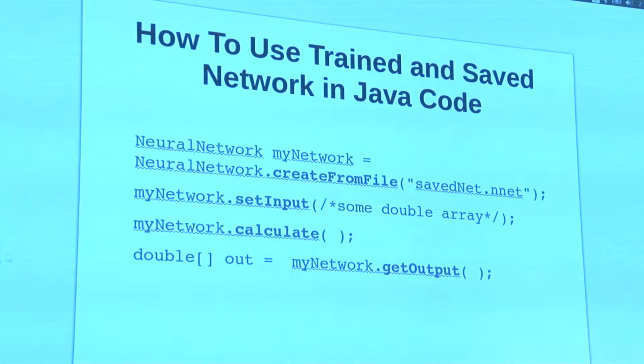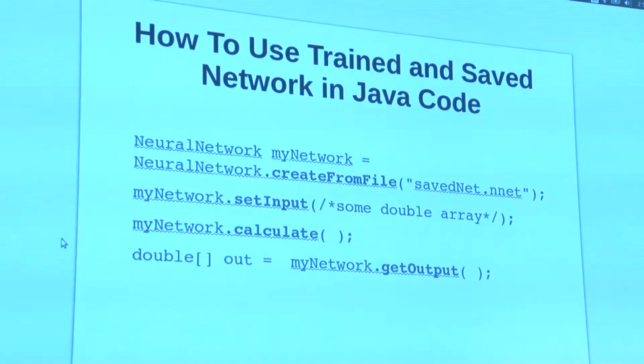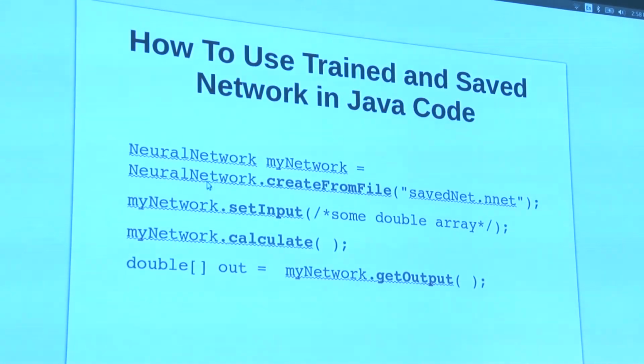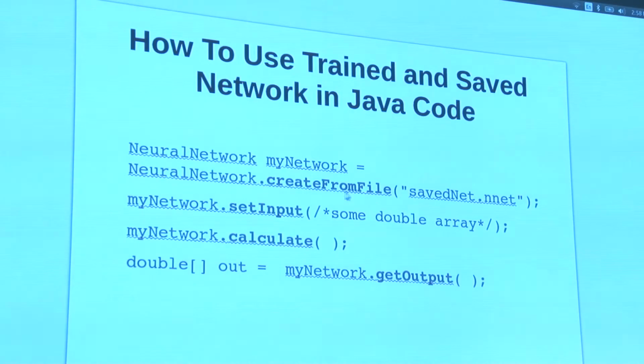The next example will show you how to use a trained and saved network. You just have a static method, create from file, which expects as an input parameter the file in which the network has been saved, and you create an instance of the neural network. And there are basically 3 methods. You have set input, where you set some external input to the network, which is usually in the form of a double array.